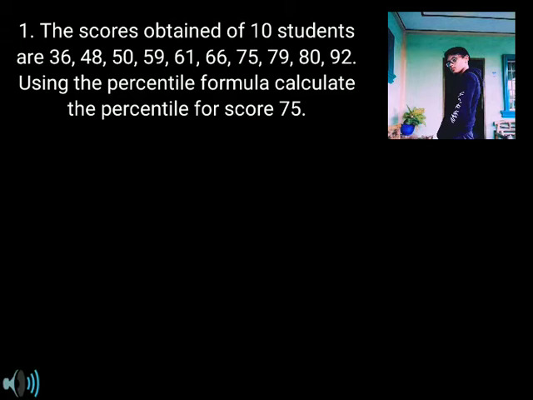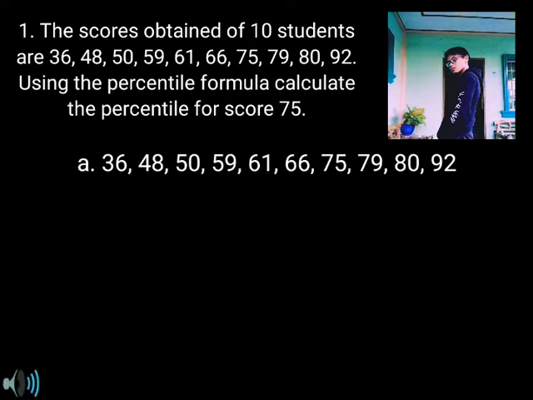Using the percentile formula, calculate the percentile for score 75. The first thing we need to do is arrange the numbers in ascending order, or from lowest to highest. Next, count the number of values below x. The x we're talking about here is the 75.